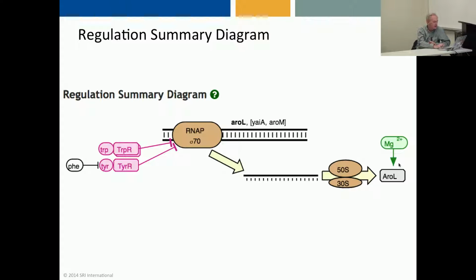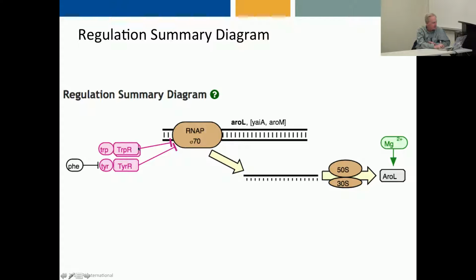So here's an example. This diagram is trying to summarize all the regulatory influences on an E. coli gene called ARO-L. What we're showing here is the transcription process that takes the DNA version of a gene and creates an RNA, and then the translation process that translates the RNA into a protein product.